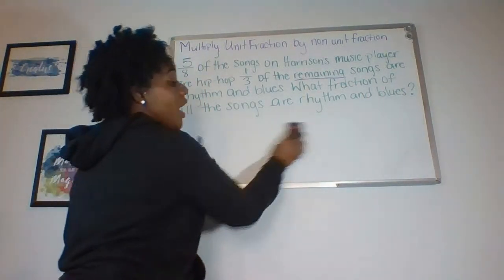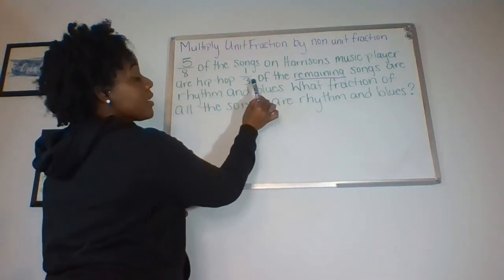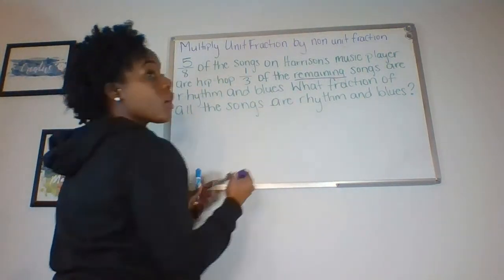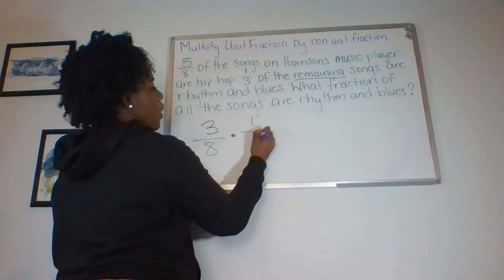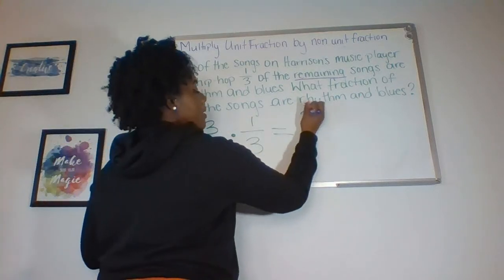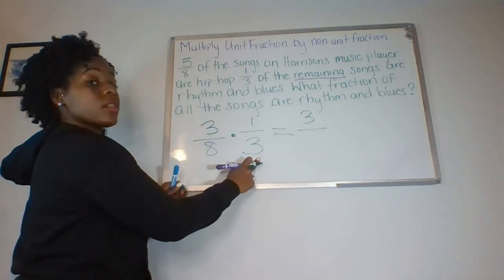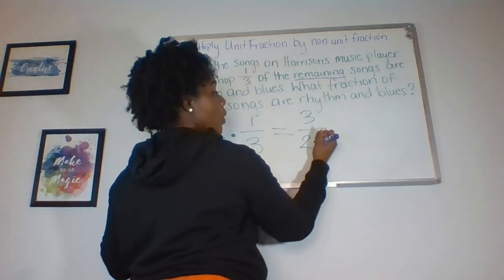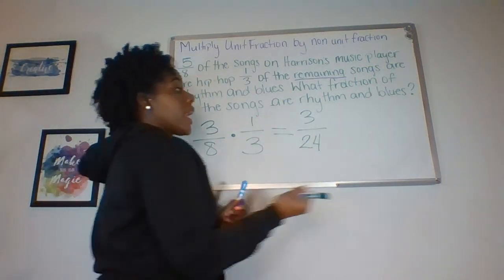So they said 1/3 of the remaining songs. So that's saying 1/3 times the remaining songs. So we take 3/8 and multiply it by 1/3. 3 times 1 is 3. 8 times 3 is 24. But that wasn't our answer. Our answer came out to be 1/8.